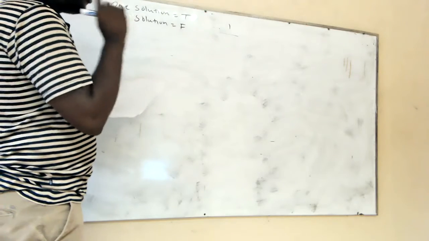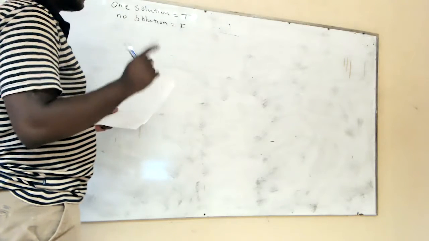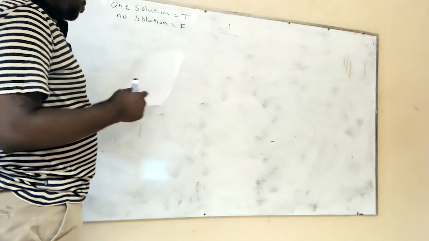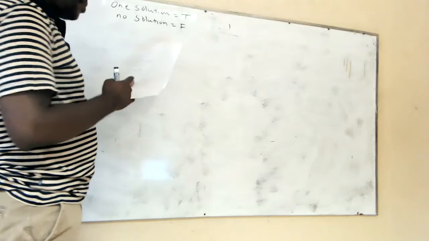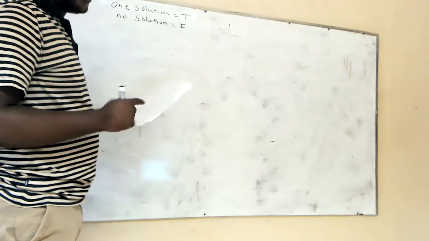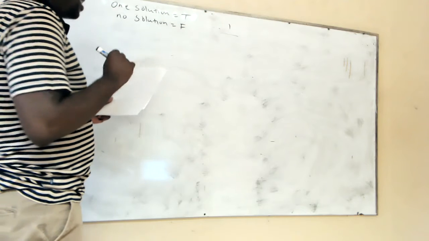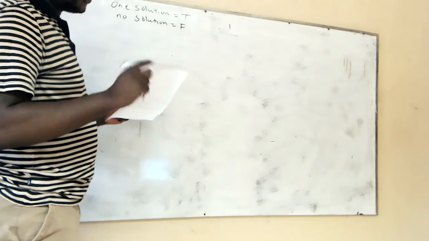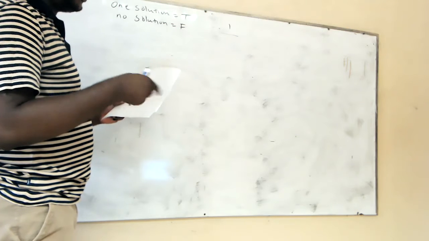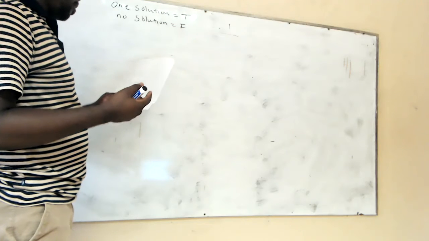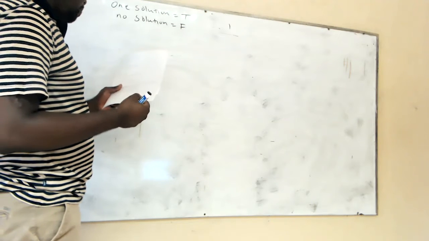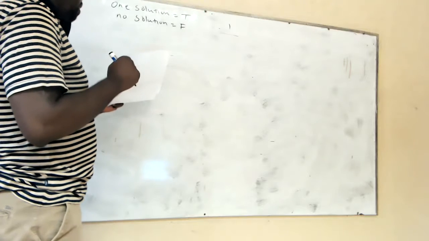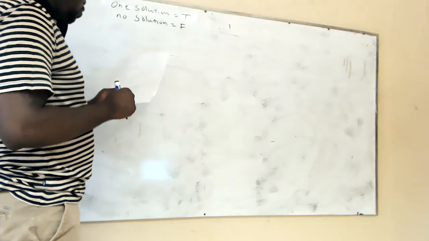You will see that you're going to get just one value of x and one value of y. Therefore, a linear system has only one solution. There is no situation where a linear system doesn't have a solution at all. In that case, we'd be dealing with a non-linear situation where you cannot find the solution.